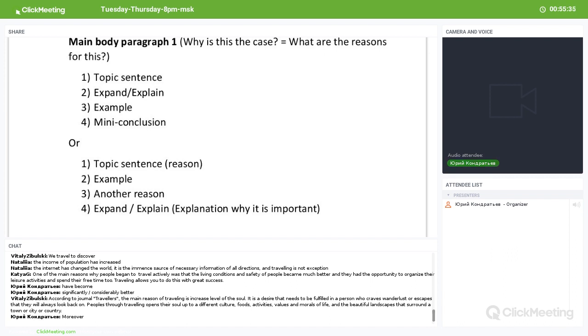Or you can say, and moreover, not only have they received the opportunity to organize their leisure activities, but they can also spend their free time. Traveling allows you to do this with great success. Okay.